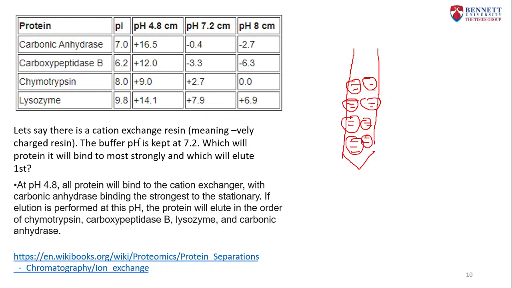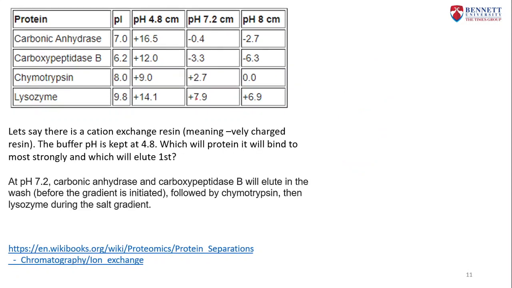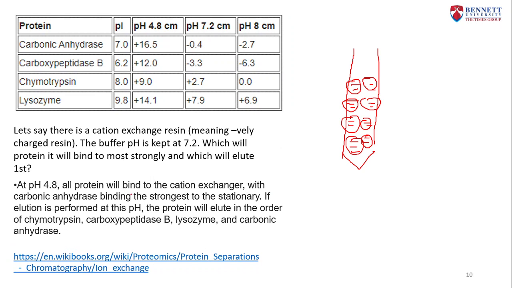So in this, you are adding this mixture of proteins at pH 7.2. Okay, so we are doing it at pH 7.1. I may have missed the pH. Yeah, this should be 4.8. My mistake. This should be 4.8. I'll correct it when I do this.